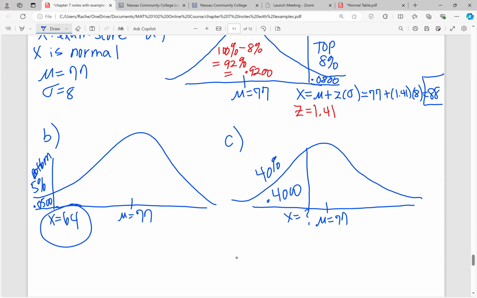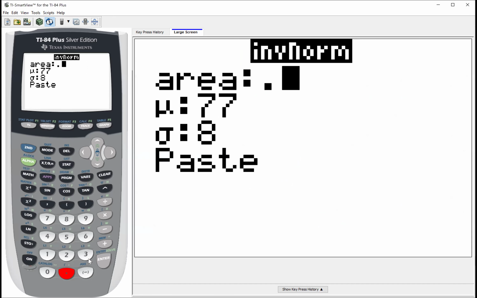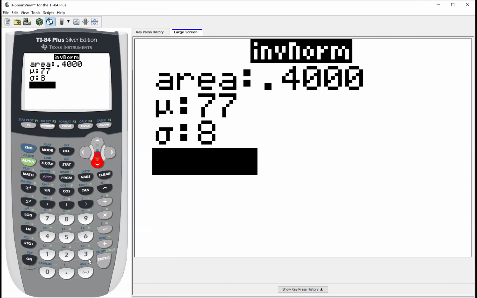So the area to the left is 0.4. And since we're looking for a score, we need to do inverse norm. So I'm going to pull up inverse norm. The area to the left of that score that we're trying to find is 0.4. The mean of the distribution is 77. The standard deviation is 8.